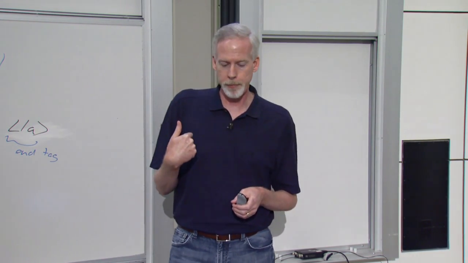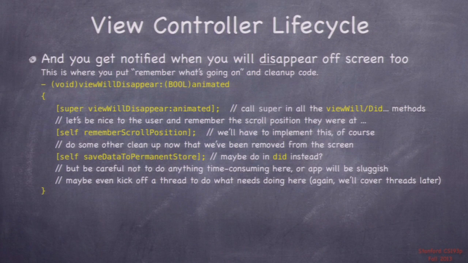Okay, you also get notified when your view goes off screen. So that's view will disappear. Okay, and what do you want to do in here? You don't usually do a lot of stuff in here. If you're doing something like animation, obviously this would be a good place to stop doing that, because when view will disappear happens, you really want your view controller to become a good citizen. Stop using resources.